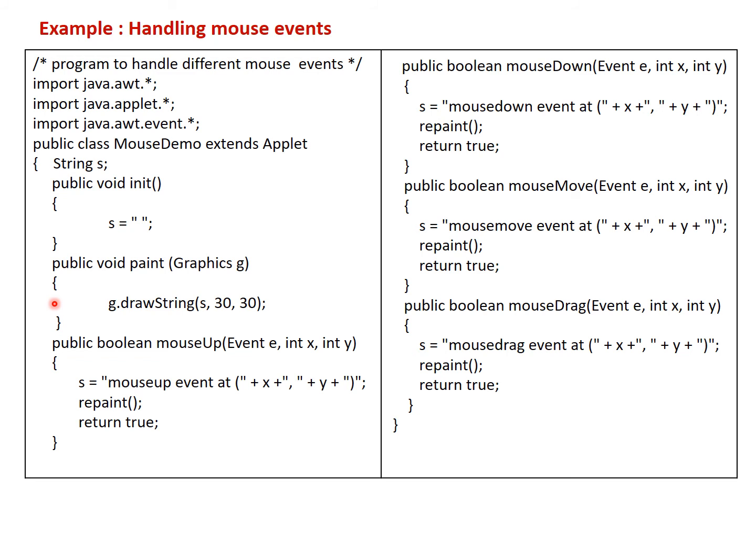Now in this particular class we have defined four methods, that is the mouseUp method, then mouseDown method, mouseMove method and then mouseDrag method. By using these methods we are displaying the location or the message which shows that a particular event has occurred at a particular place.